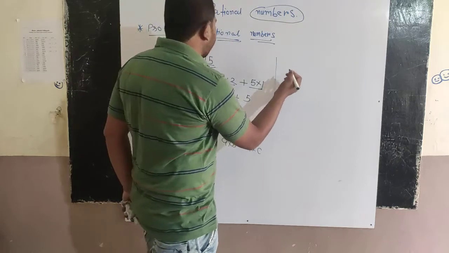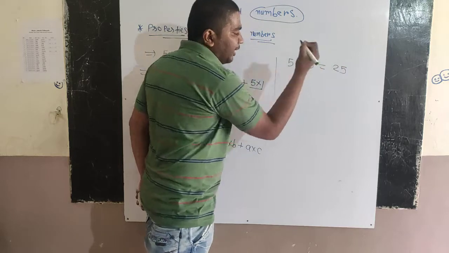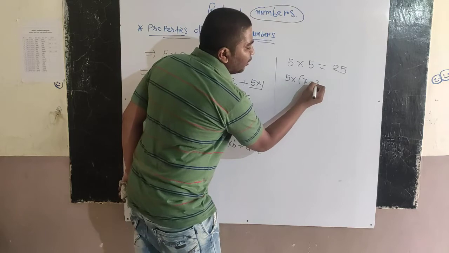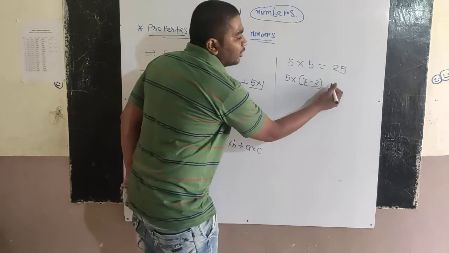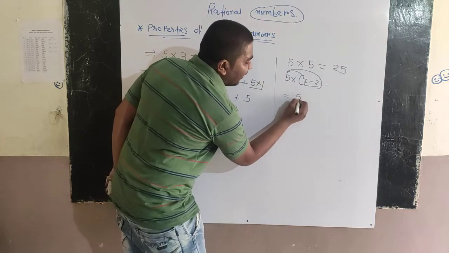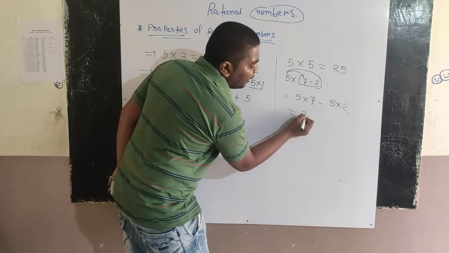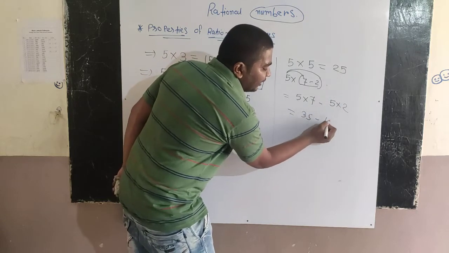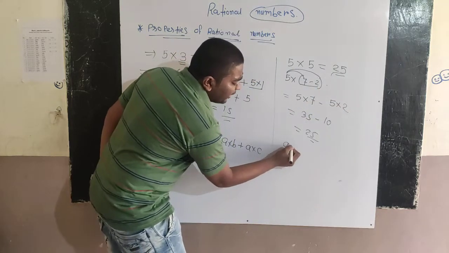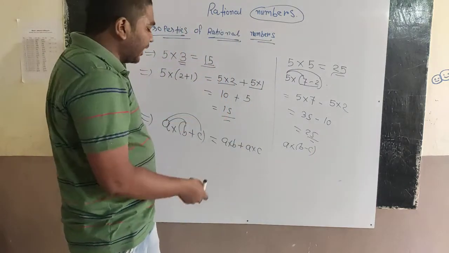And if we are talking about the next property, that is distributive over subtraction, so a into b minus c. Again, I am taking say 5 into 5, so my answer is 25. But instead of 5, I can write 7 minus 2, because if 2 goes from 7, the answer is 5. So it will multiply with this one and with this one. So 5 into 7 minus 5 into 2. So 5 7s are 35 minus 5 2s are 10. So again my answer is coming the same, 25. So it would be the same as distributive over multiplication or addition.